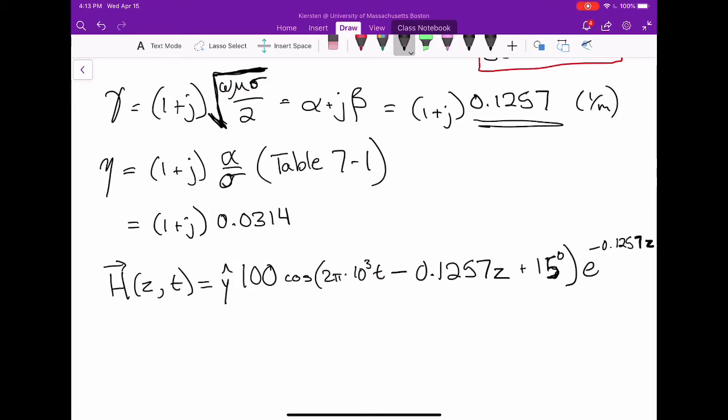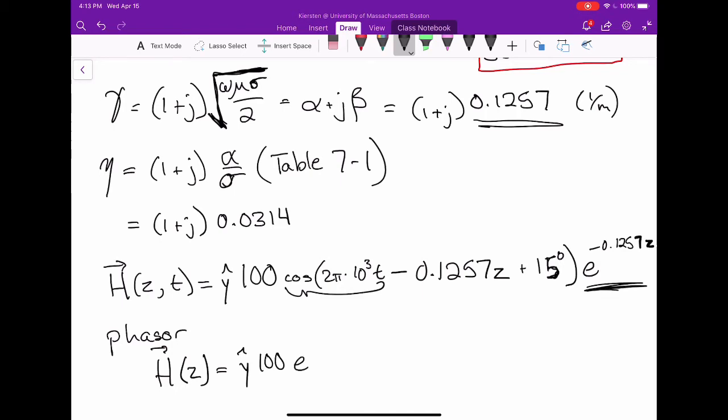If we want to write that in the phasor domain, all we have to do is convert this cosine into a phasor. So the phasor version, H of z, is y hat 100, moving this exponential decay out to the front because that's usually where it goes. So e to the minus 0.1257 z.